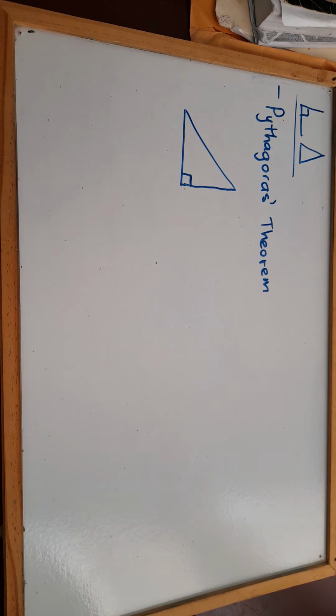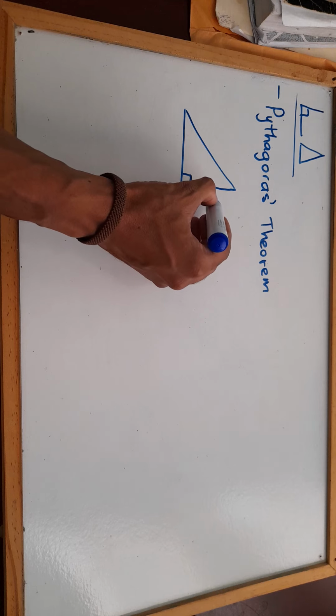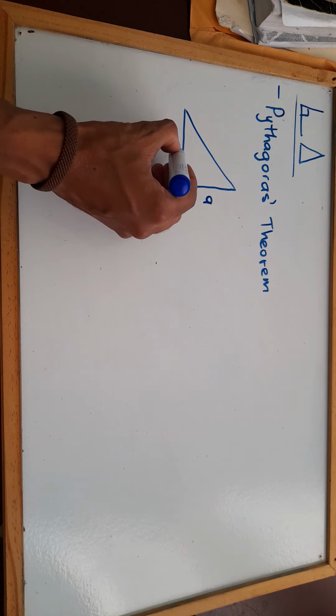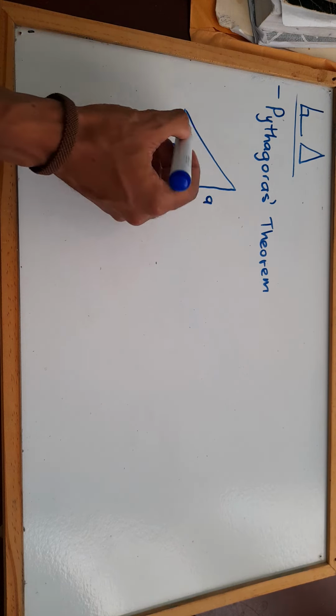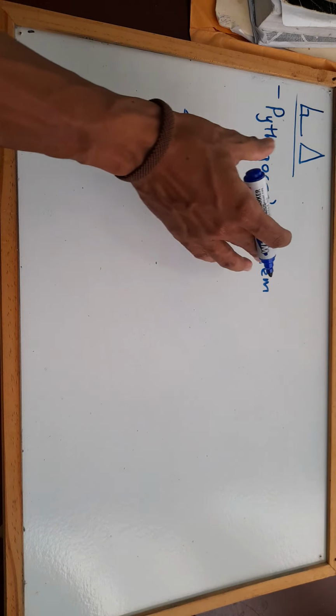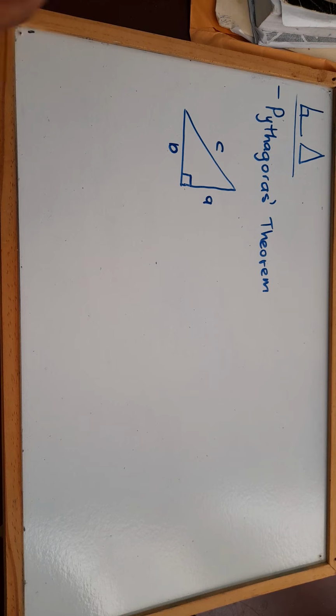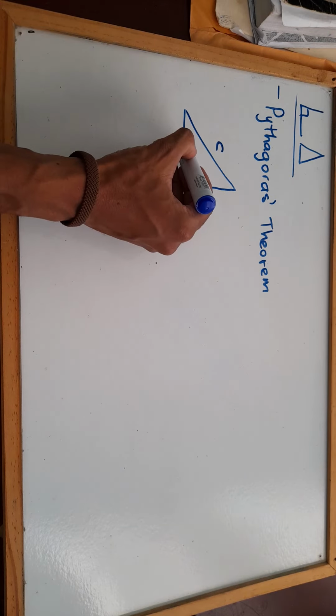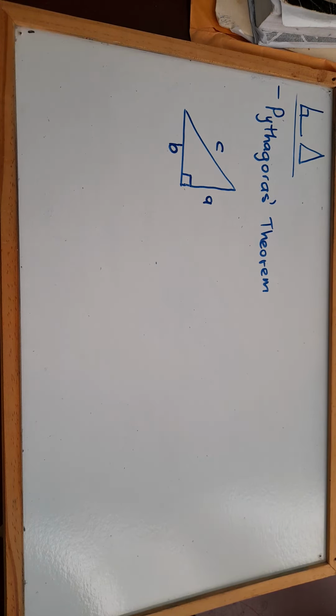The lengths of sides. Whenever we have a right angle triangle and all they gave us was the sides of a triangle, we would run to use Pythagoras' theorem. That was what that was for, the theorem of Pythagoras.